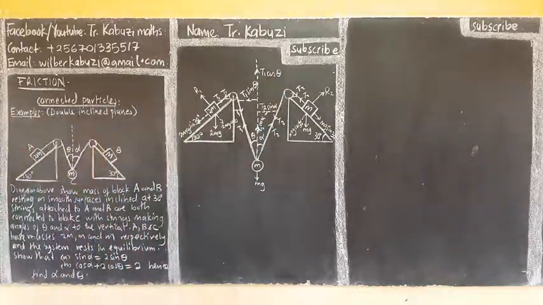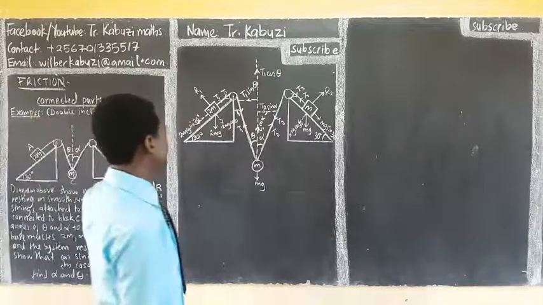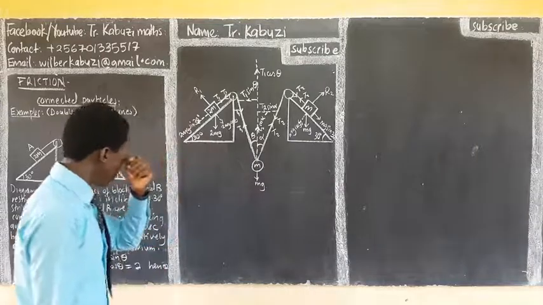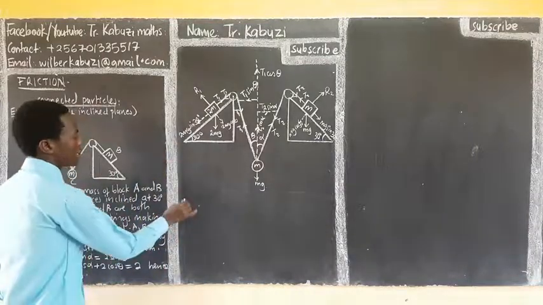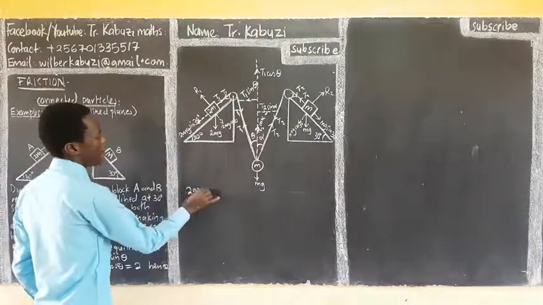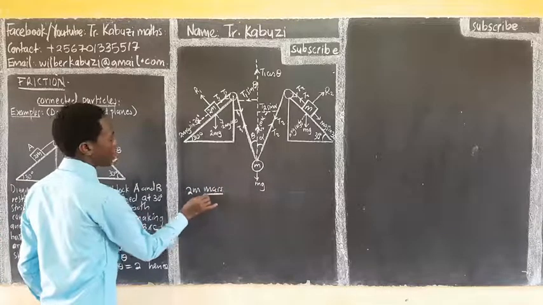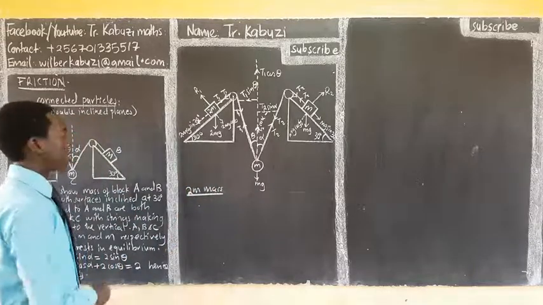So after doing that, I start doing the work. So I come to the 2m mass. We don't have friction, so the resultants are not that important.